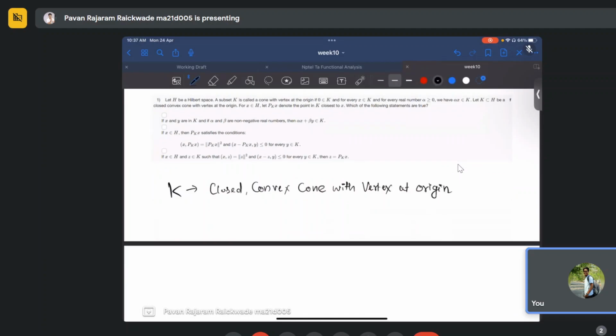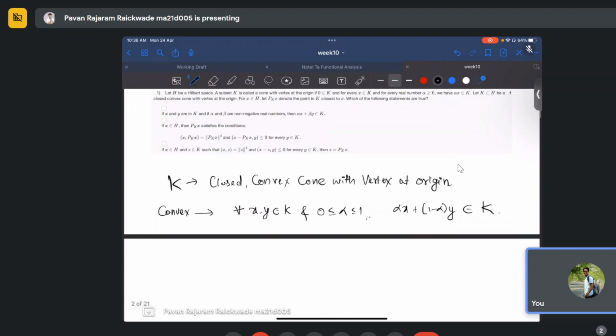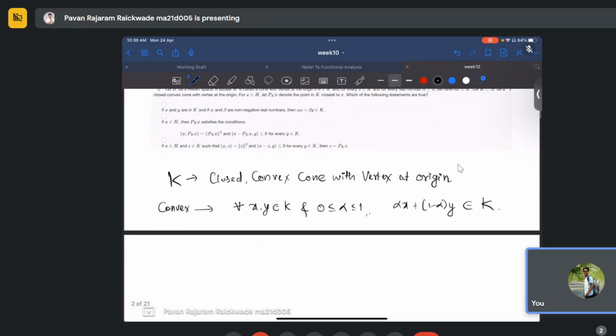K is closed under the norm of the Hilbert space. Convex means for all x, y in K and alpha in [0,1], we have alpha x plus (1 minus alpha) y belongs to K. This is the definition of convexity. The definition of cone is there in the question itself.